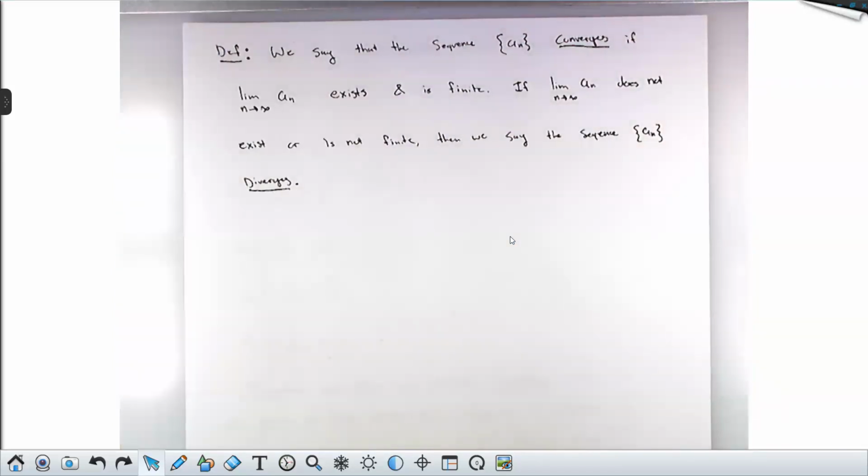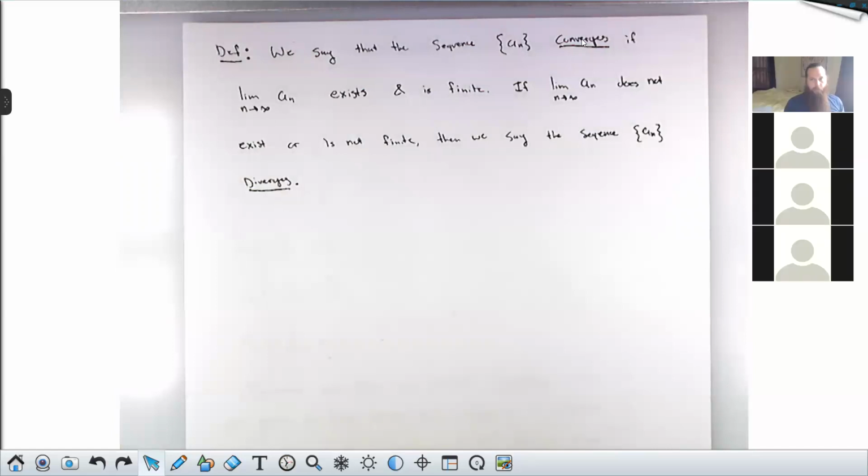Again, it's like an infinite process leading to a finite result. If the infinite process, this list of things, gets closer and closer to some particular finite number, then we say that that is a convergent sequence, or that that sequence converges.